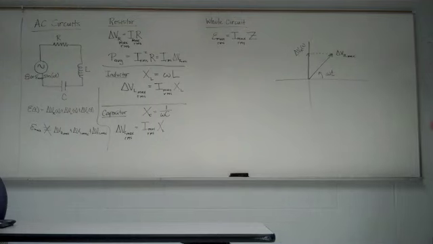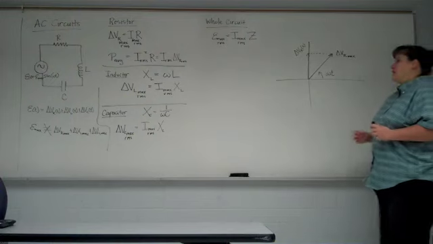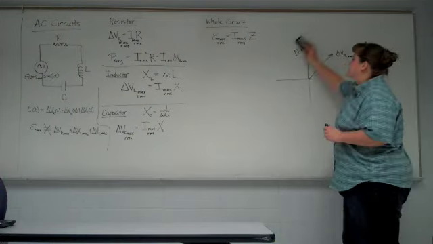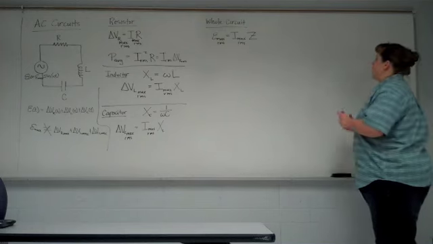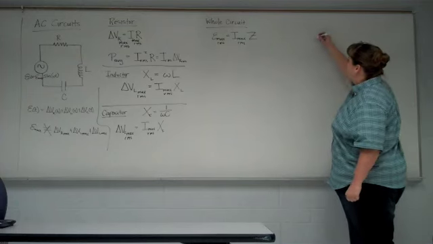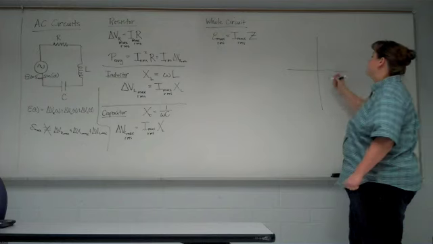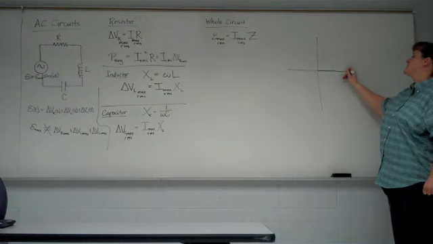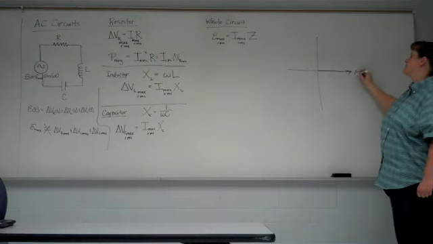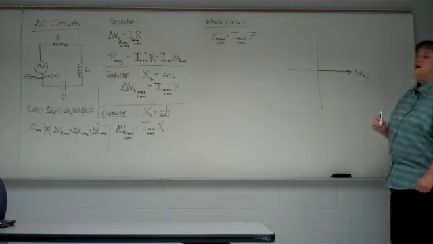So to figure out the value of Z, we actually need to do a little vector addition with our phasors. Now I'm going to choose one instant in time to work with. And I'm going to choose the instant in time when the voltage drop across the resistor is 0. Just because I want to. And it makes things easier.